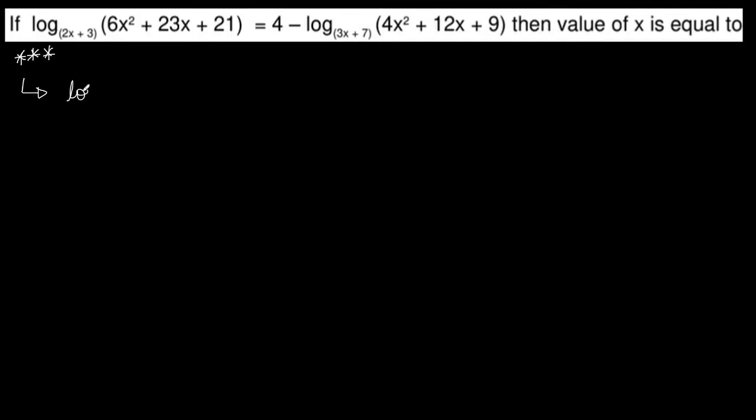If you will find, it is nothing but log of 2x plus 3 into 3x plus 7, which is equal to 4 minus, now this is 2x plus 3 whole square, so 4x square plus 1. Okay, just got it. Now can we write this as m and m plus n?